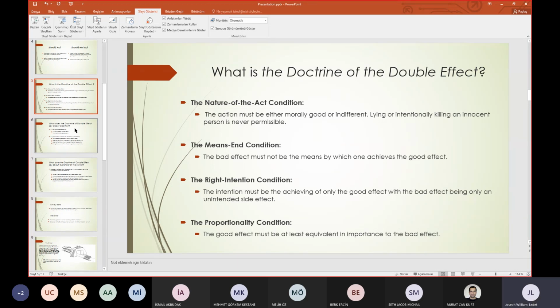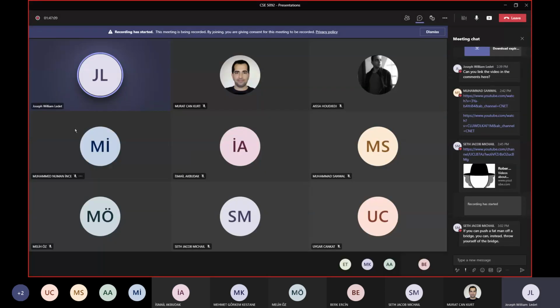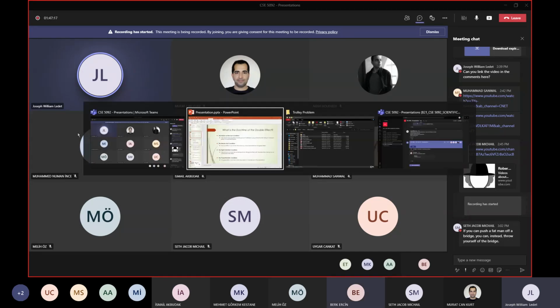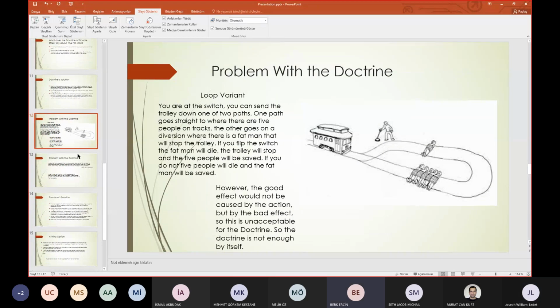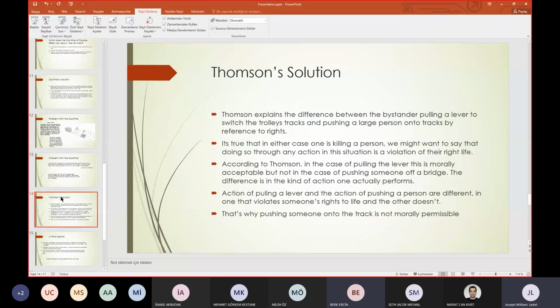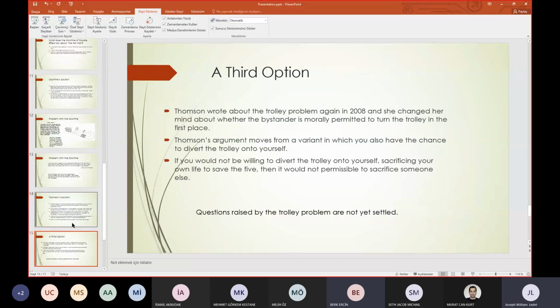Seth's comment also, I think he made that before your slide about sacrificing yourself. Yeah, it's about the 2008 paper of Thomson's, the third option.